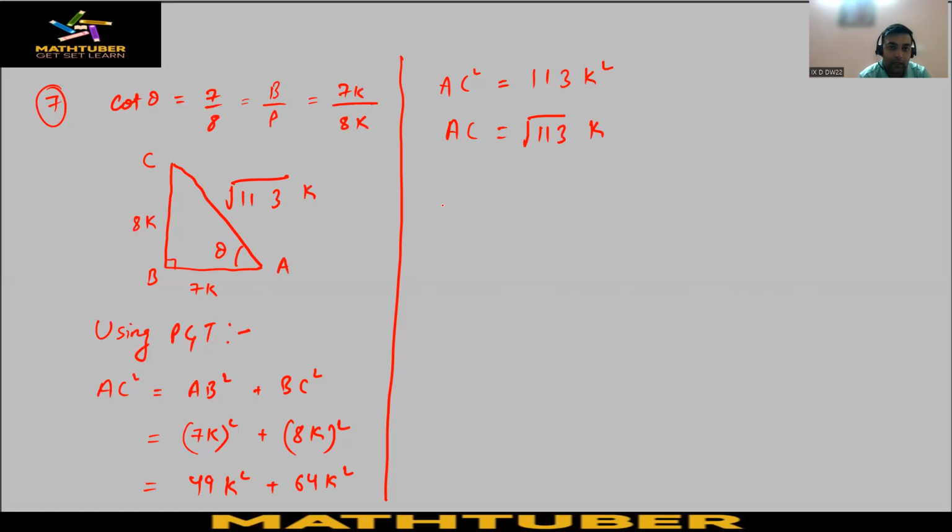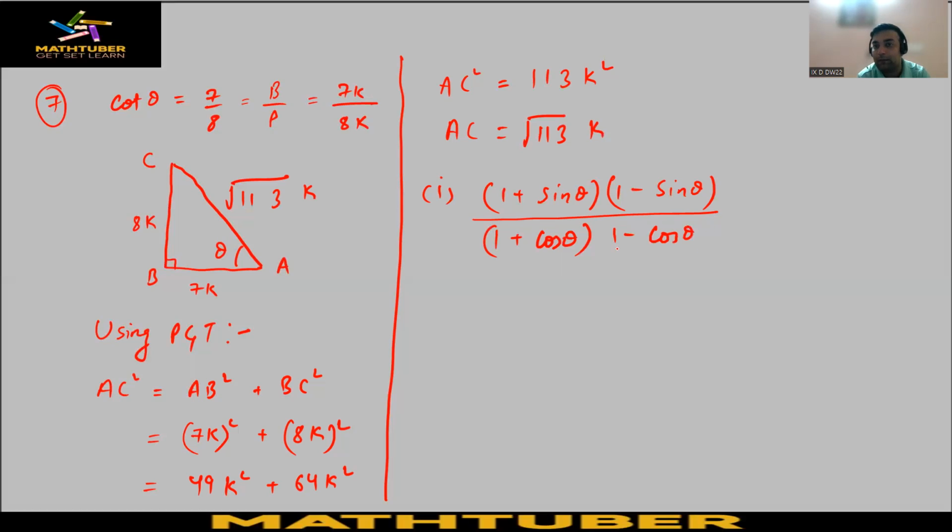Now in the first part, we want to find out the value of 1 plus sine theta into 1 minus sine theta upon 1 plus cos theta into 1 minus cos theta.